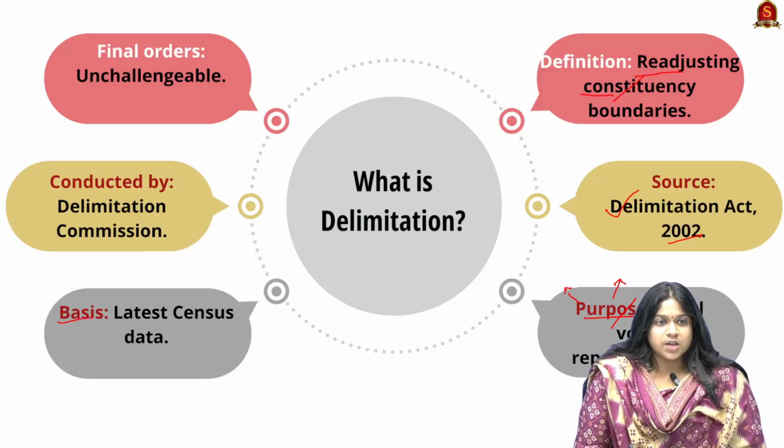So here it is based on the latest census data, and it is conducted by the Delimitation Commission, and the final orders given by the Delimitation Commission cannot be challenged in court. So this is known as delimitation.